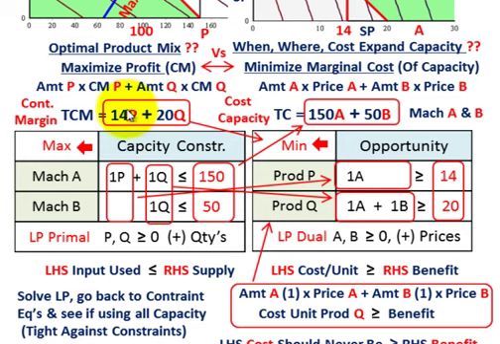You take your objective function for that contribution margin, move it over into your minimization problem, take the row and set it as a column as your constraint. 14P goes into product P at 14, 20Q goes into product Q at 20. Okay, so that's for the optimization.